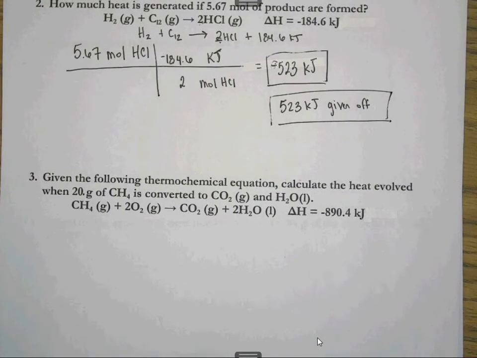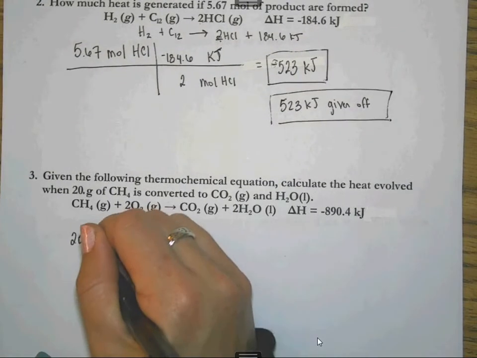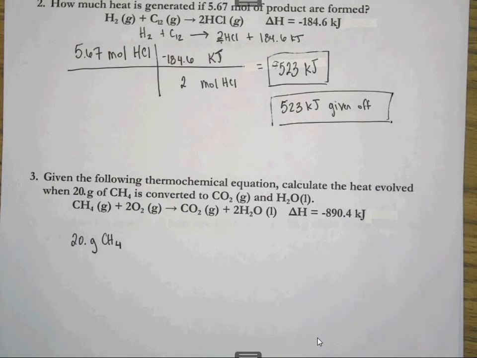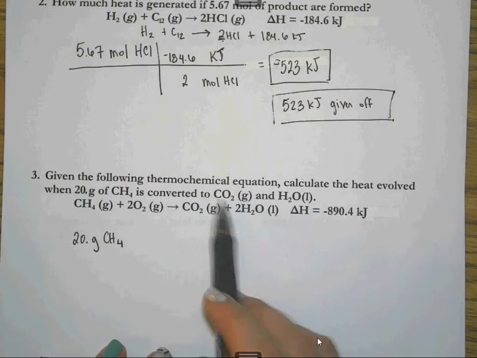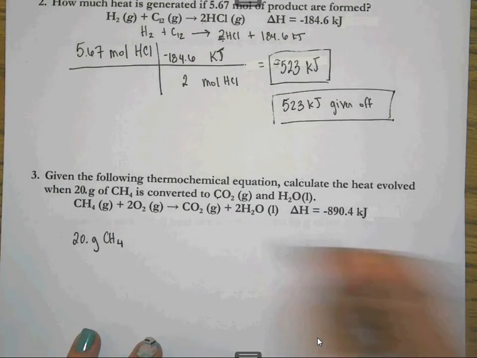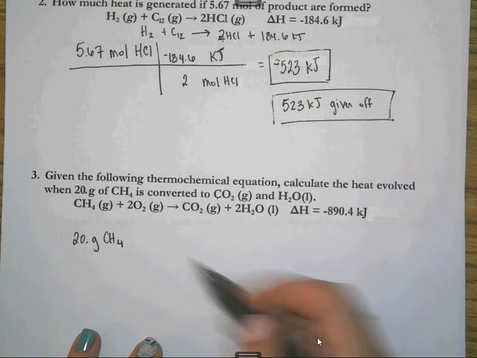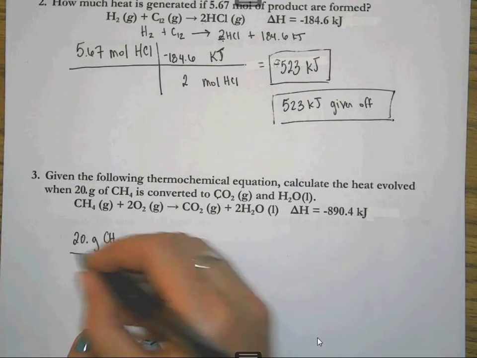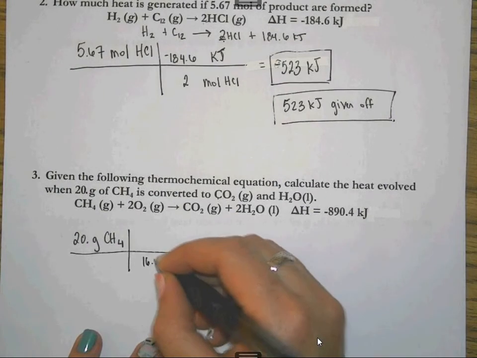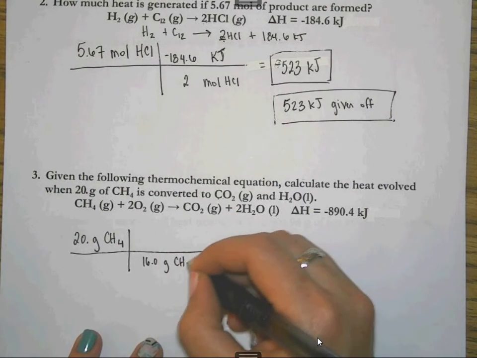Alright. I have one more down here at the bottom, which says, given the following, calculate the heat evolved when exactly 20 grams of methane is converted to carbon dioxide and water. Now, with this particular one, it's back like we did on the very first one. I've got grams, and I have to get to moles.